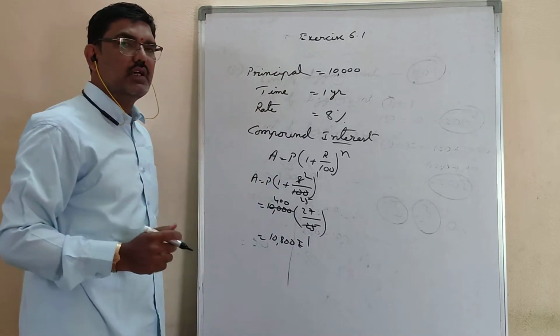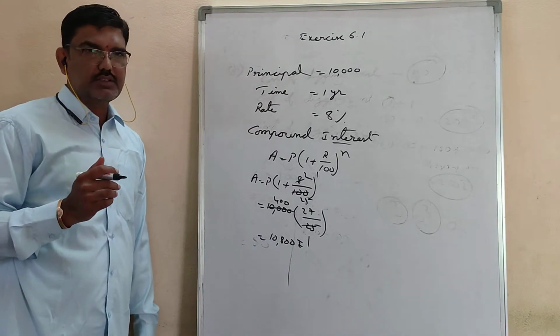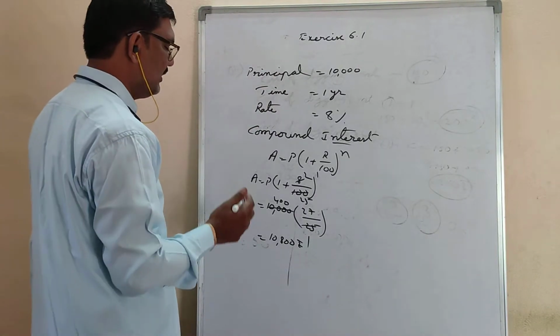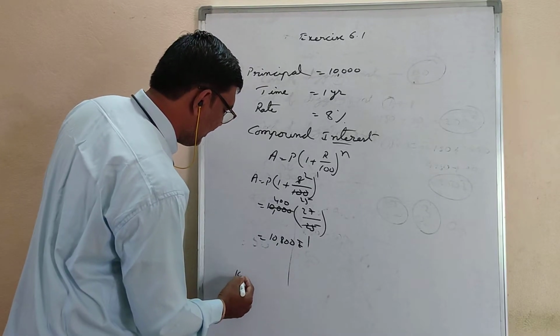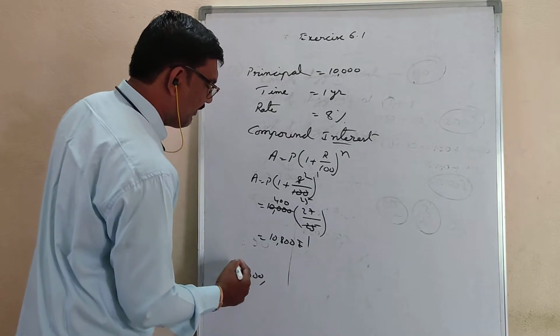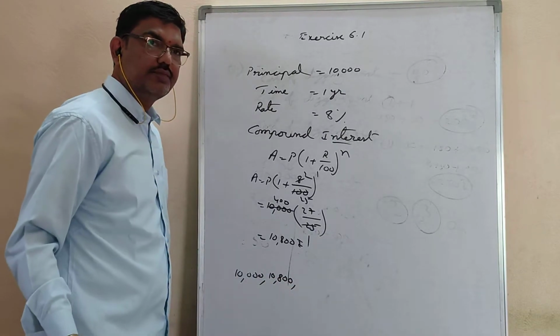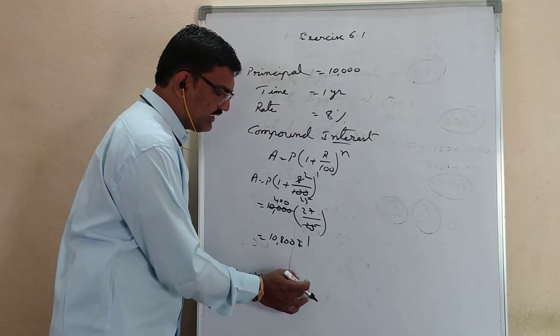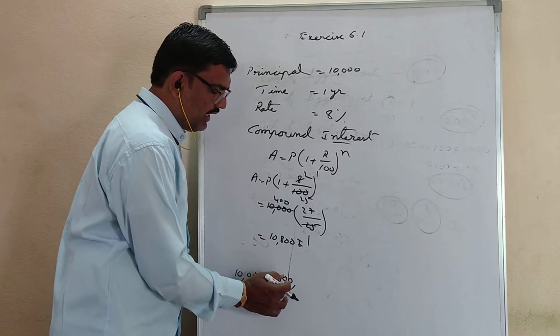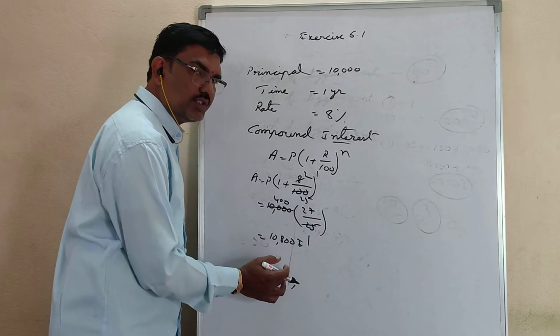The principal is 10,000 for compound interest. So in this progression, starting it will be 10,000 only. For 1 year the amount is 10,800.